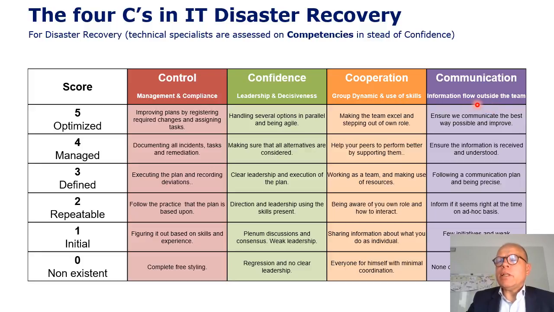So that's your ability to keep all your stakeholders informed and convey information in a situation where you know too little, but you still need to keep your stakeholders informed. It's a very difficult discipline, but important, very important.